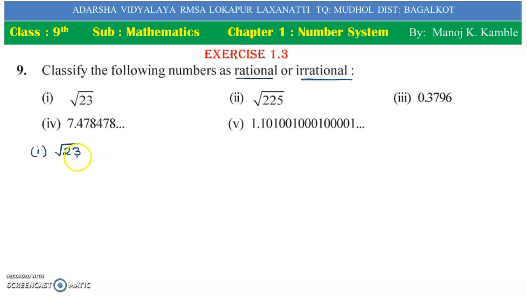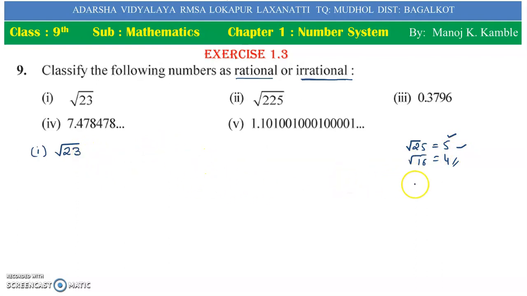Square root 23 is not a perfect square. For example, square root of 25 is equal to 5, this is a perfect square number. Square root of 16 is equal to 4, a perfect square. But 23 is not a perfect square.